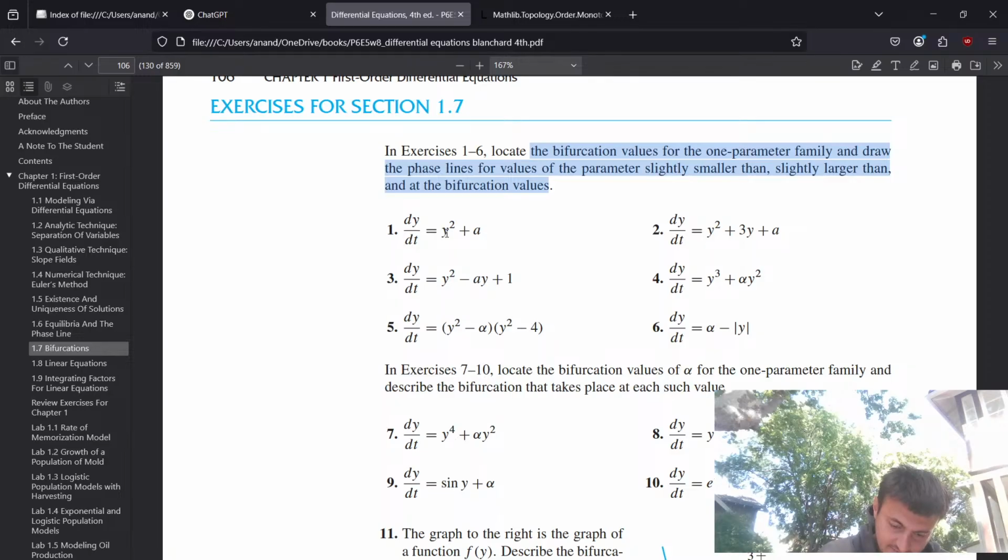Let's do minus 2. So we're going to get 4 plus minus 1 is equal to 3, which is greater than 0. So dy/dt is greater than 0 at a equal to minus 1, y equal to minus 2. All right. The next one we want to double check is whether or not 1 is a source.